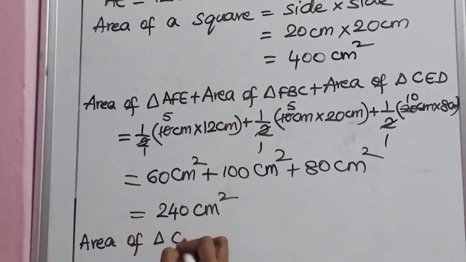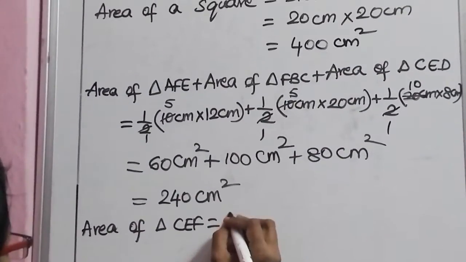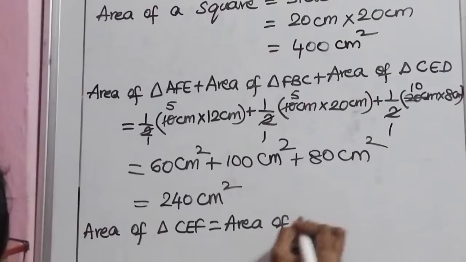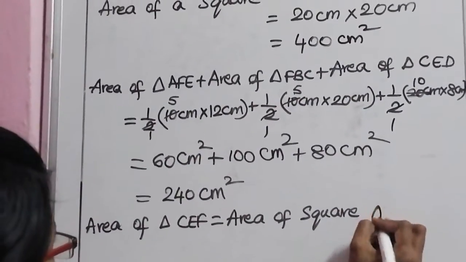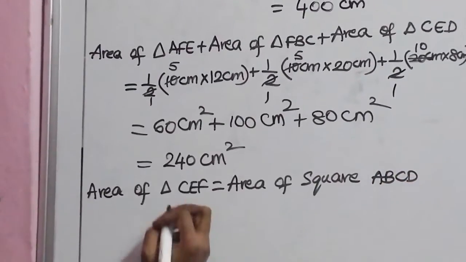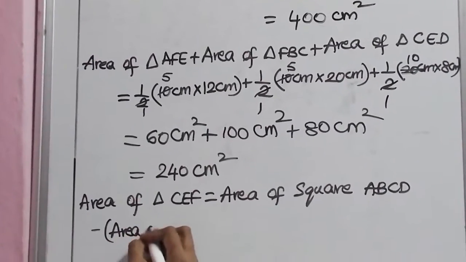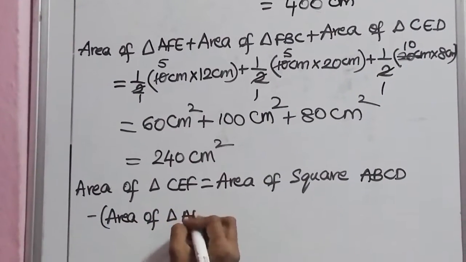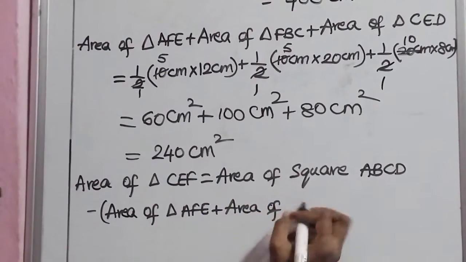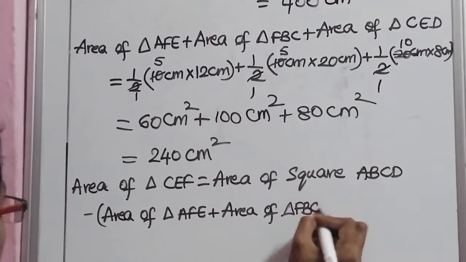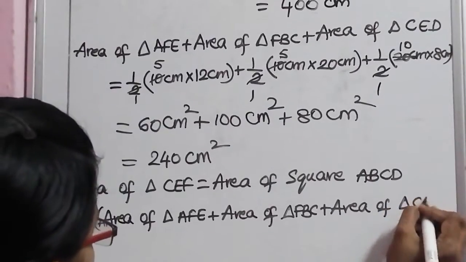So now area of triangle CEF, this is the shaded part they have asked, that is equal to area of square ABCD minus area of triangle AFE plus area of triangle FBC plus area of triangle CED.